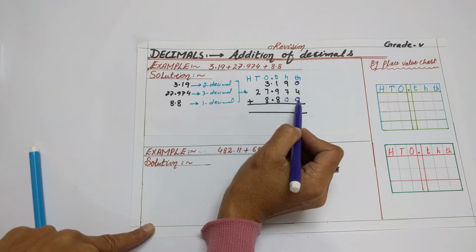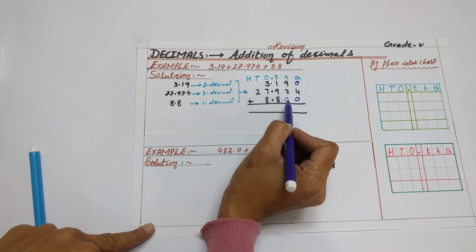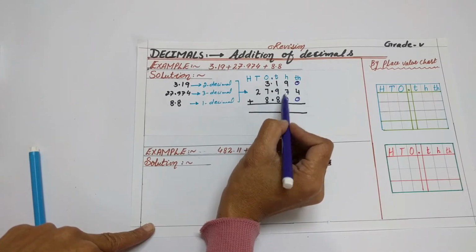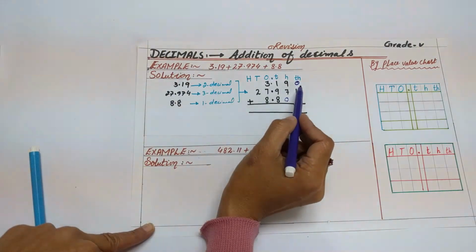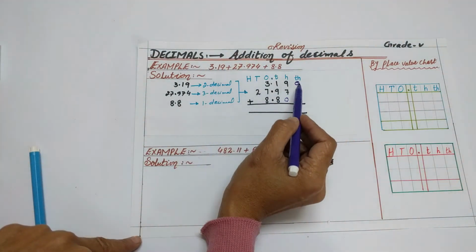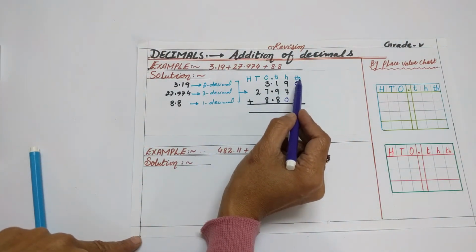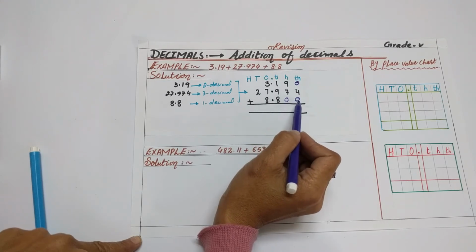That's why we are putting 0. Now this 0 will not affect the value of 3.19 and 8.8. If we put any other number, that would change the value. That's why we are using 0, because we don't have any value of thousandths here, and we don't have the value of hundredths and thousandths here.